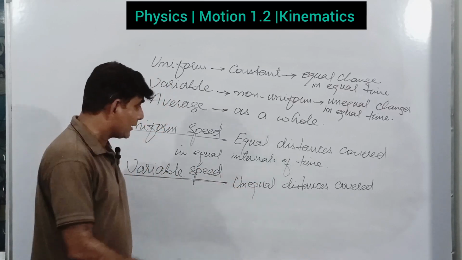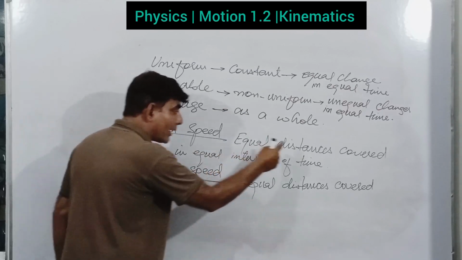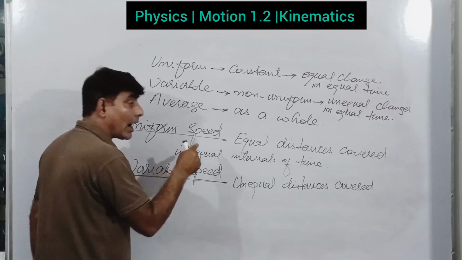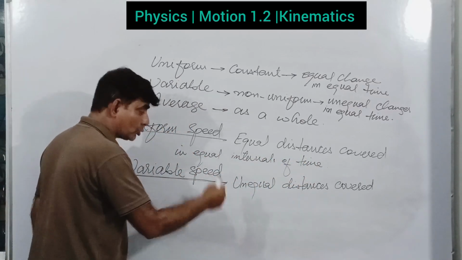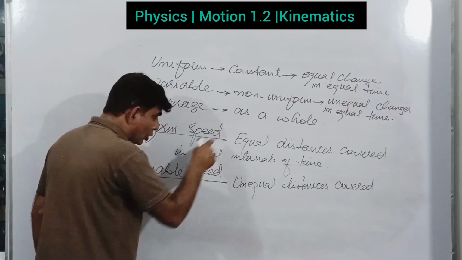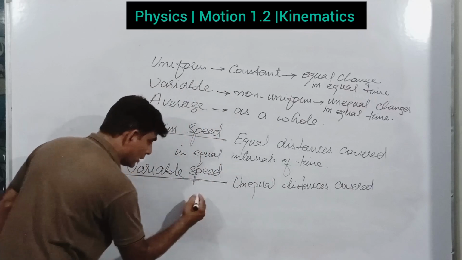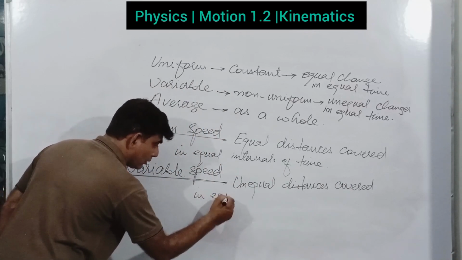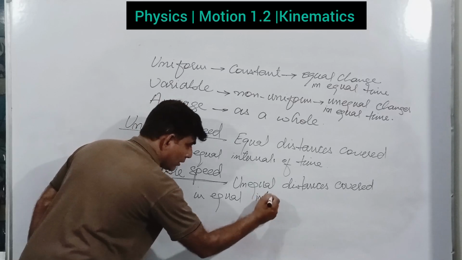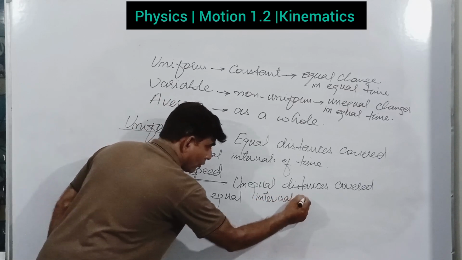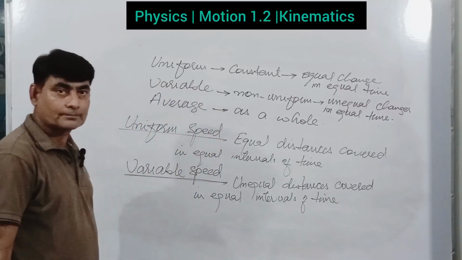So you must place unequal either over here or over here. One can write equal distance is covered in unequal interval of time. This is the definition of variable speed.